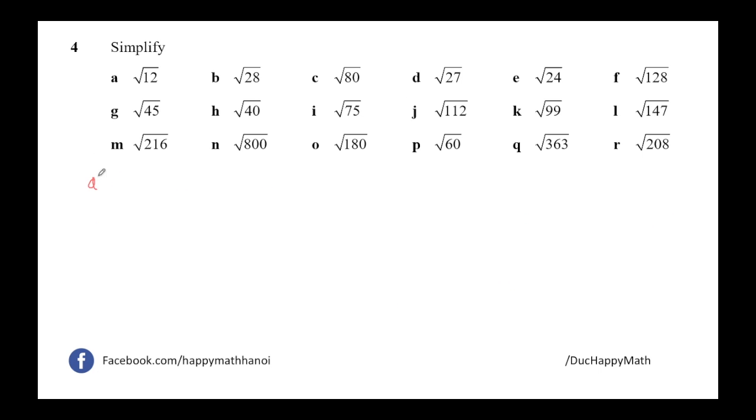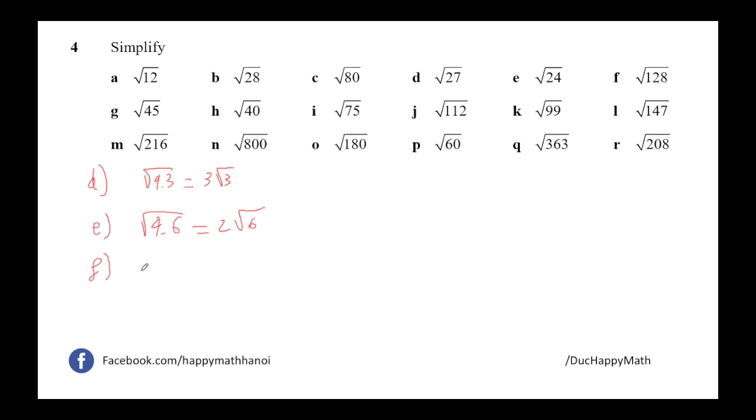And D, take the perfect square 9, 9 times 3, and you get 3 times the square root of 3. E, I take 4 times 6, and the perfect square is 4. This means 2 times the square root of 6.